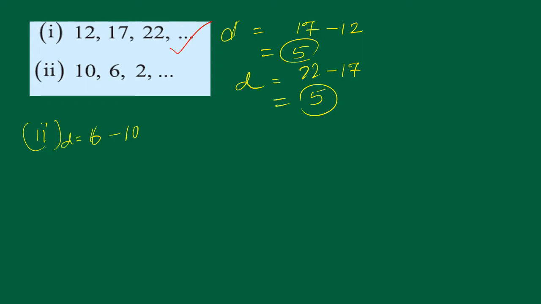Then you get d equals minus 4, and the other one you get d from 2 minus 6, this is also minus 4. Then you can see this is also an arithmetic progression, because d is the same. You get the same d everywhere. Between any two consecutive terms, you have to get the same d, then it is an arithmetic progression.